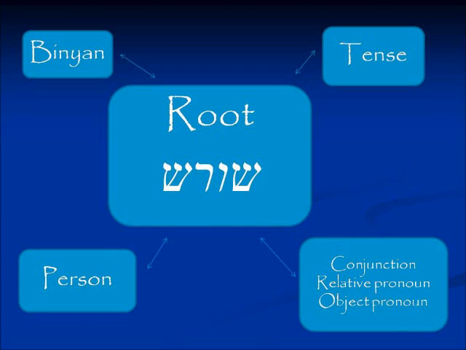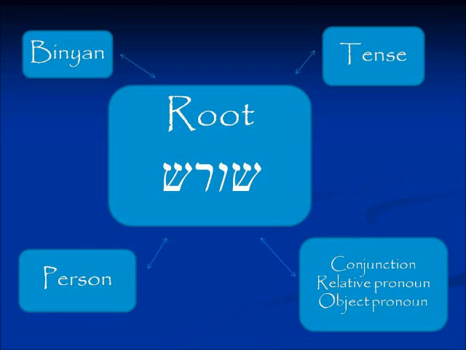As we said, Hebrew is based on a 3-letter root. The word for root in Hebrew is shoresh, and we see that in the middle. And the conjugation of the verb will reflect all these items which are placed around it. It will reflect the tense, which you know what that is, the past or the present or the future. It'll affect the person, which will be I or you or David or that guy over there or all y'all, which is a very special pronoun that we use here in the South.